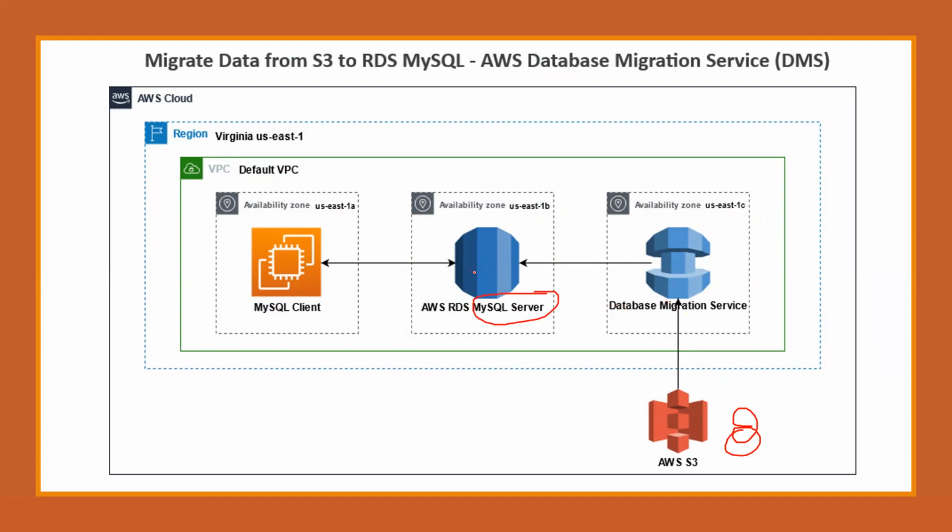To check the data, we will again use one EC2 machine that works as a MySQL client. We will connect to this RDS database and check the data details for the migration. We will discuss the same demo in part 3.